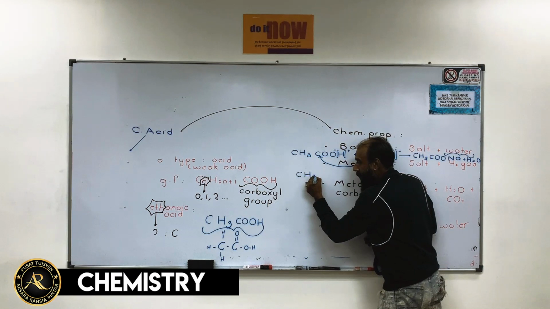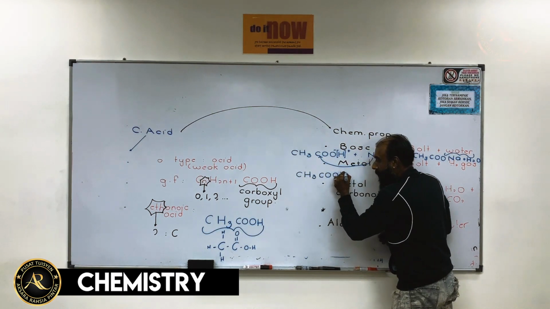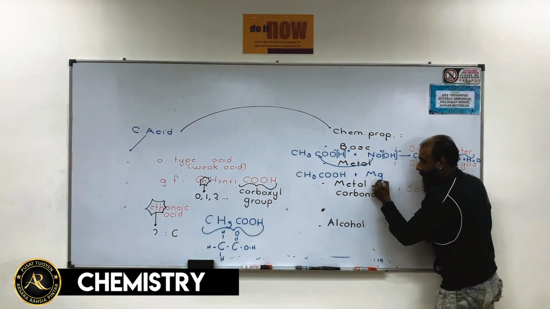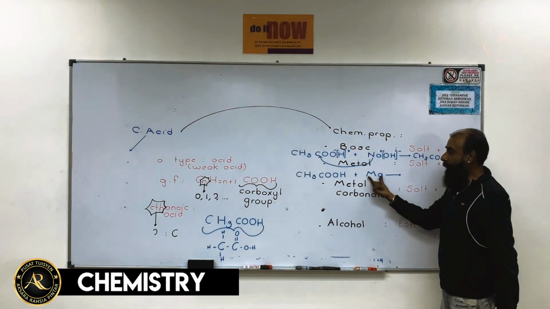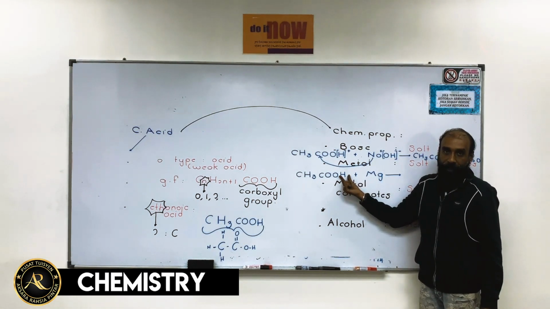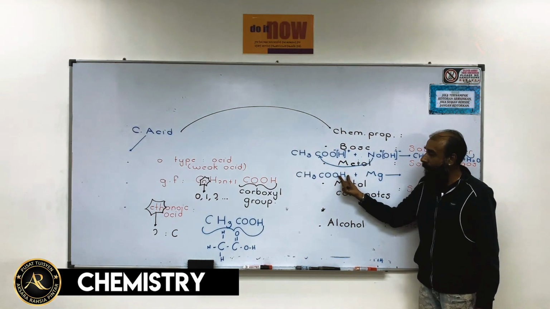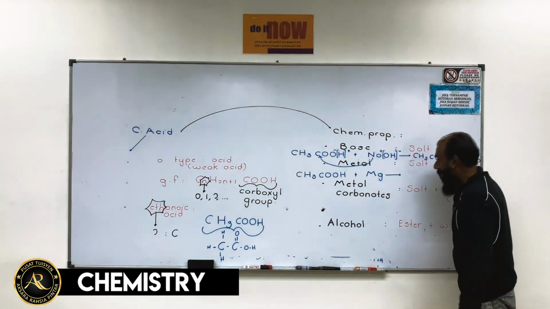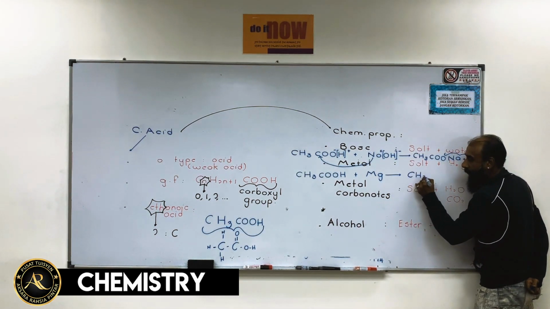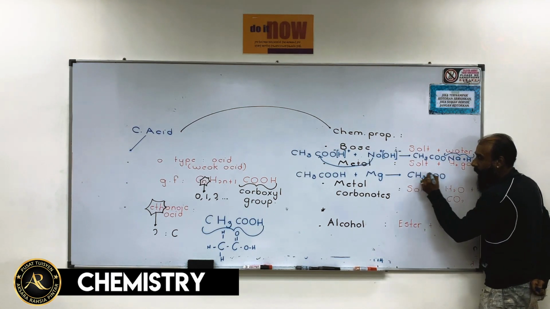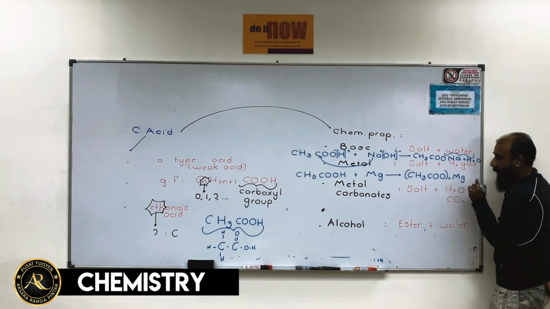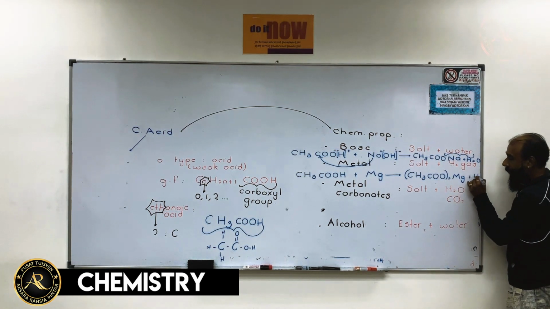Now let's look at the metal. When I take carboxylic acid and react with magnesium, remember, my dear students, the metal must be more electropositive than the hydrogen ion. Therefore, it can displace the ion from the solution. The product will be (CH3COO)2Mg plus H2.